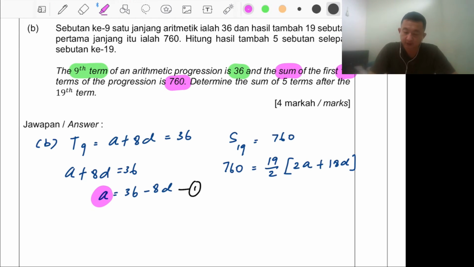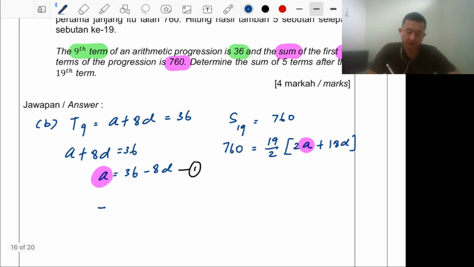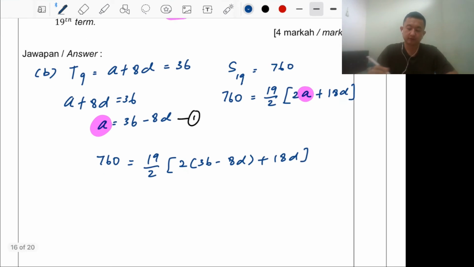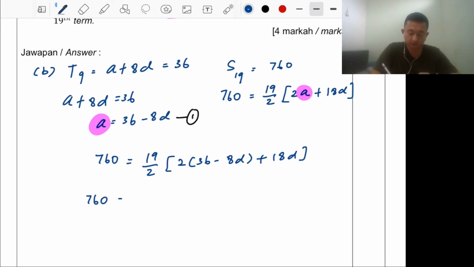And then you can sub in here. 760 equals to 19 over 2, 2a, now it is 2 bracket 36 minus 8d plus 18d. 72 minus 16d plus 18d.